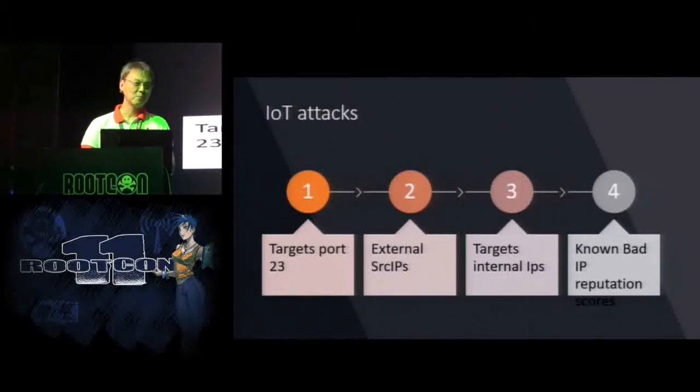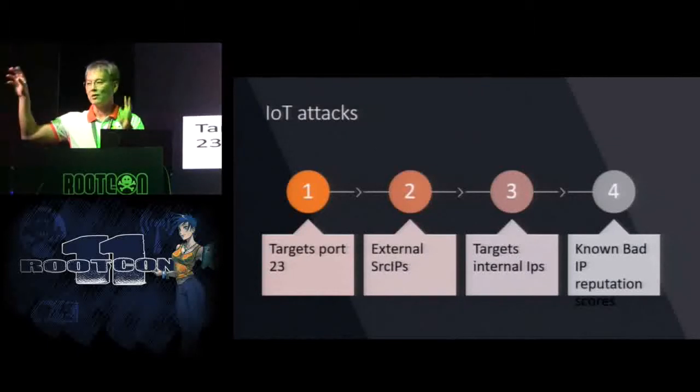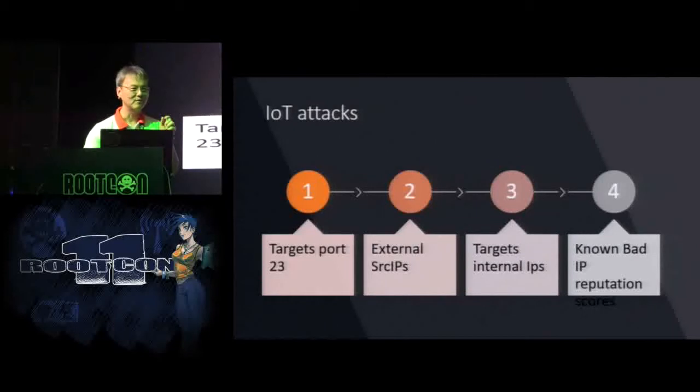And get this, we can use R to merge external data sets. Like in our example, we will use Alien Vault. They have a free-to-use public IP reputation data set. So if you see somebody hitting your port 23 and they're listed as a known bad guy, chances are that's an attack. Alright?